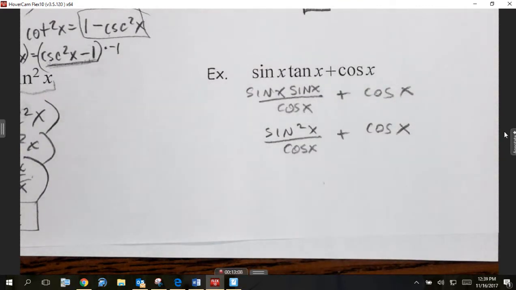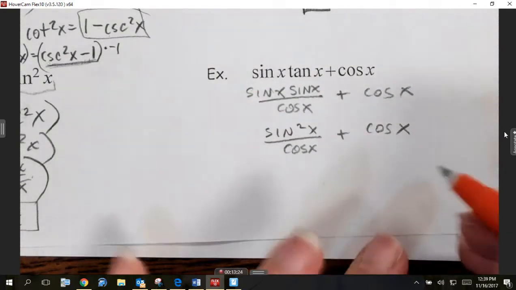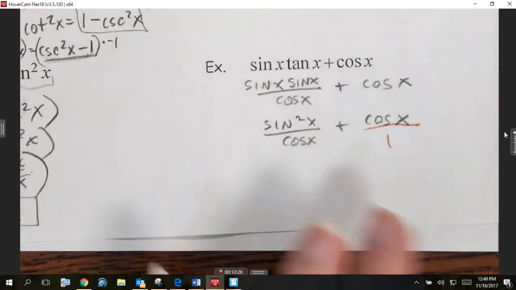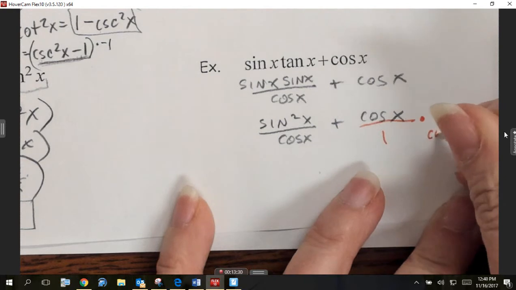Okay. So what should I do? I got to get rid of the addition. I need to add them. What do I need to do to add these? Common denominator. So I have to make cosine, which currently has a denominator of 1, to have a denominator of cosine x.